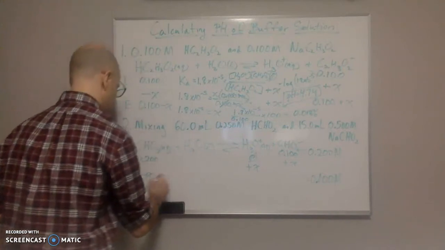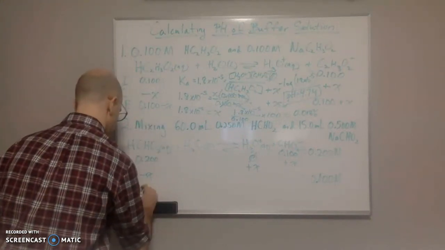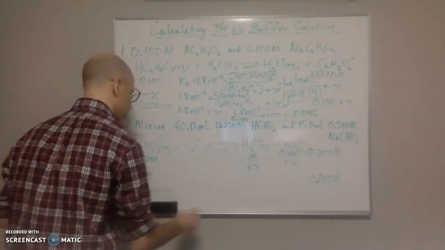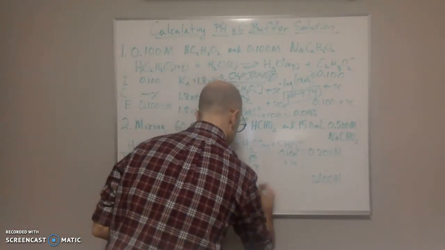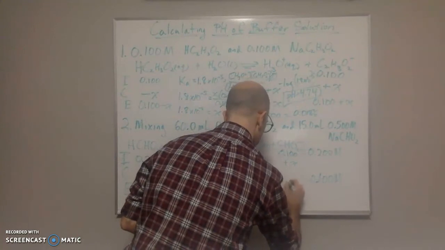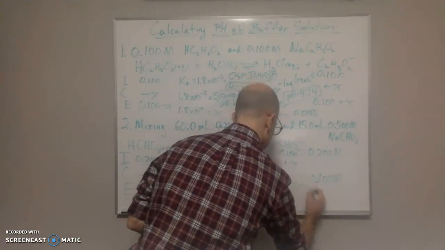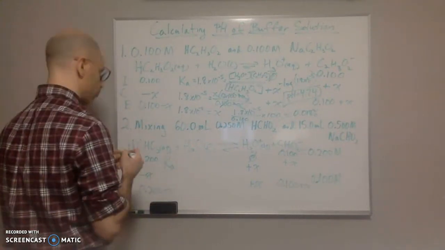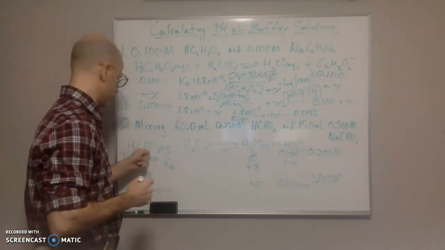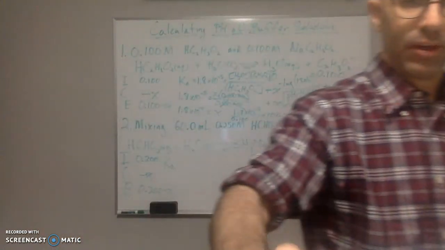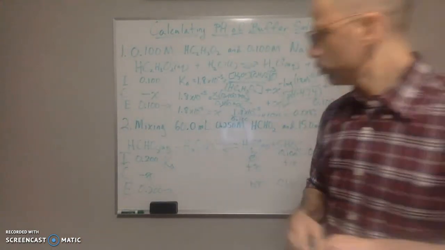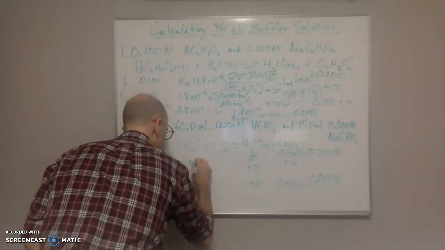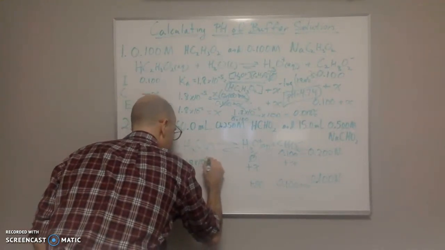When we add these together for equilibrium, it's going to be 0.200 minus X, plus X, and 0.100 plus X. And then we have our Ka value for the acid, formic acid, which is 1.8 times 10 to the negative 4.